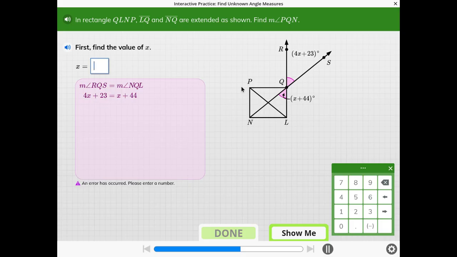Because if you're trying to find 190, in fact, 4x would equal... I'm trying to figure this out. 4x would equal 67. I mean, if you divide that by 4, 67 divided by 4.